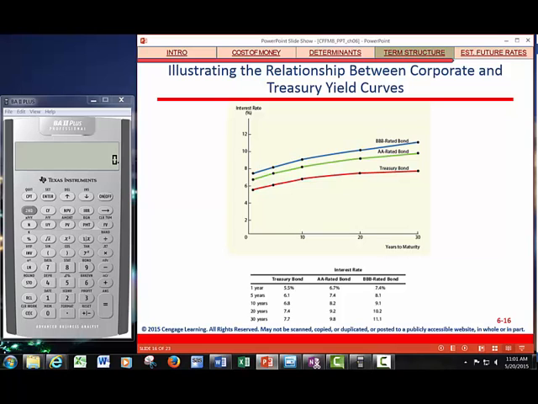So a Treasury bond is safer than a AA rated bond, which is safer than a BBB rated bond. So you can see how the interest curves are going up based on the riskiness of the bonds that are being plotted in the yield curve. And then you can also see that the Treasury yield curve is always lower than the corporate yield curves, but they're not always necessarily totally parallel to the Treasury curve.